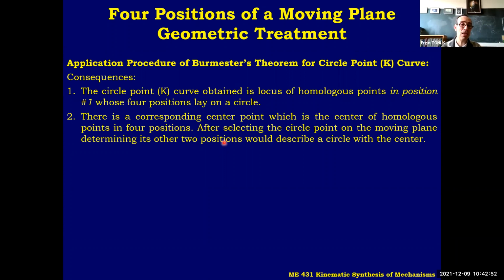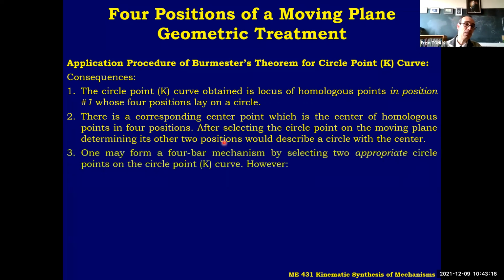If you would like to make a check, you can also find its 4th position, see that it's on the circle, which is a verification that what you did is correct. But just the other 2 positions and finding the circle and then determining the center is sufficient in an engineering sense.